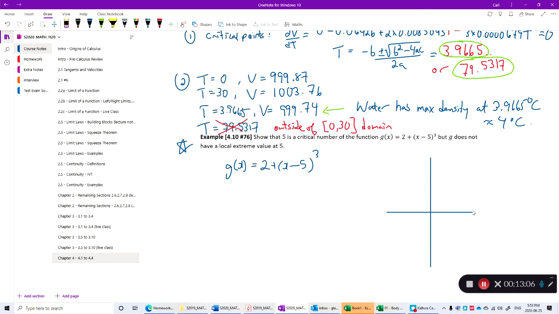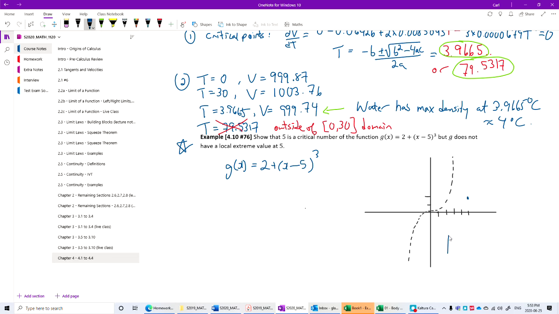If I sketch this, a cubic normally looks something like this, right? And if I shift it to the right by 5 and up by 2, then it's going to look like this. Oops, this gets in the way.